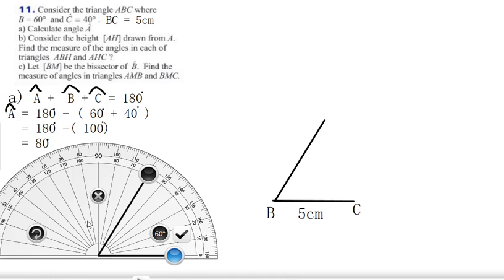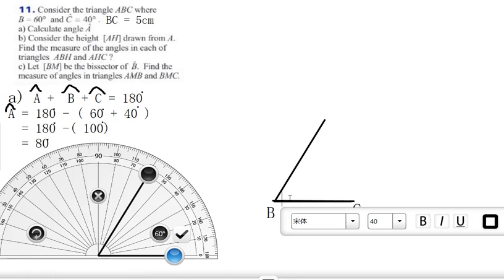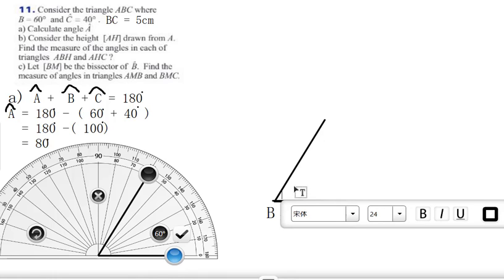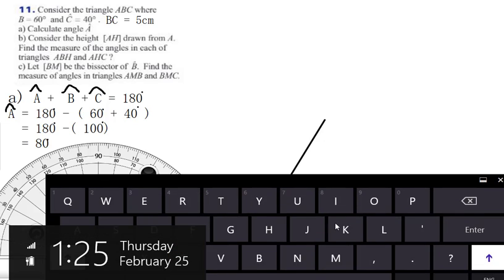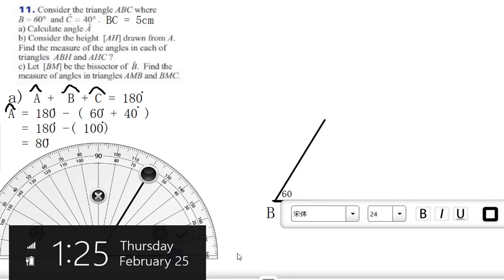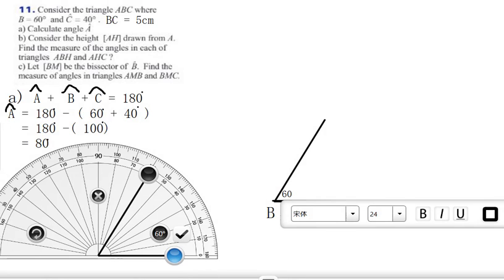Let's write 60 degrees. Then let's continue.